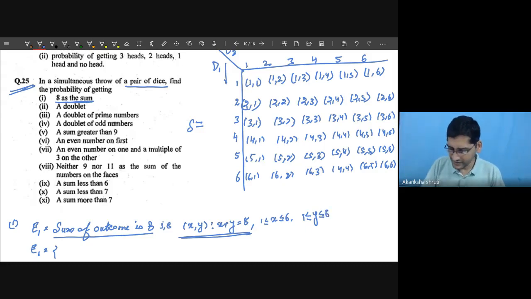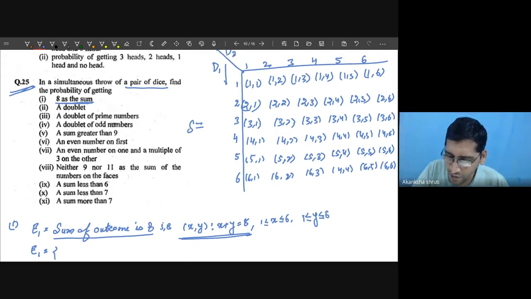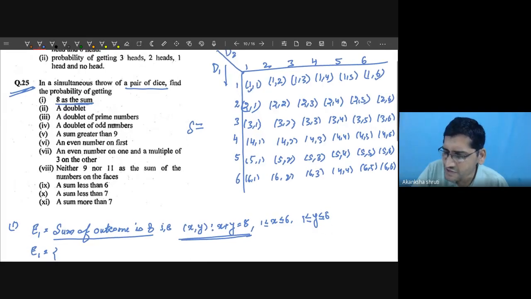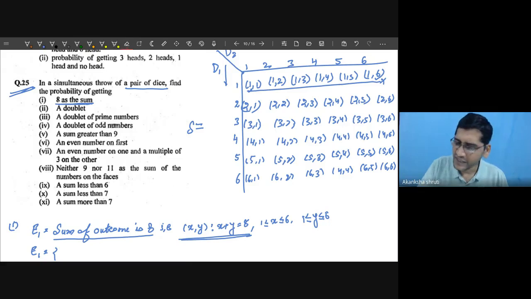Let us write down this condition mathematically. The first row we observe is taking 1 on the first die. Even with the maximum 6 on the second die, we cannot get 8. So nothing can be obtained from this row, and this row has to be left.